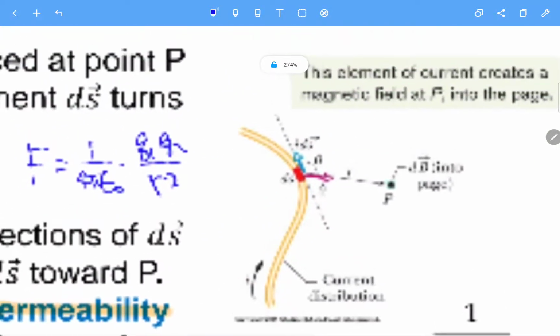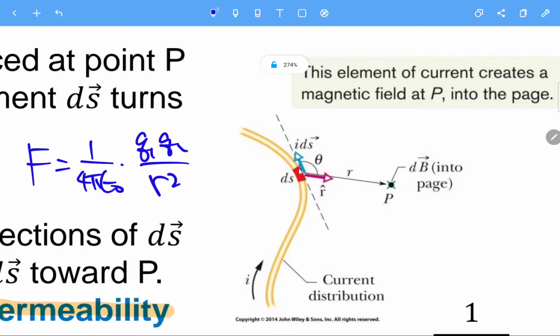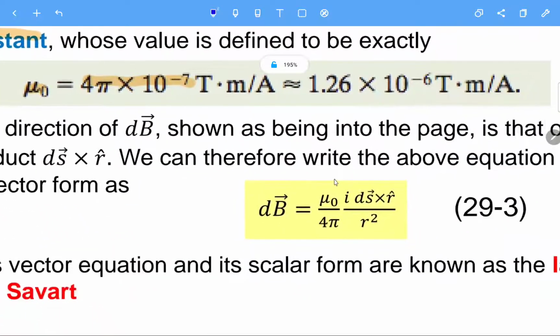You can see in this graph, we have ds here and then point P, so the r axis is this way, and r hat is the direction pointing to this point P, and the length of this vector is 1. So this is r hat.